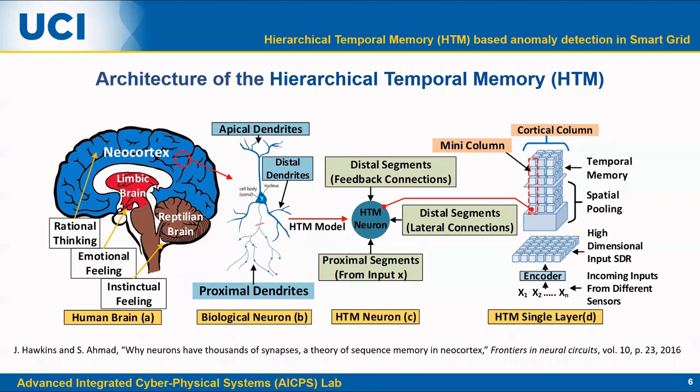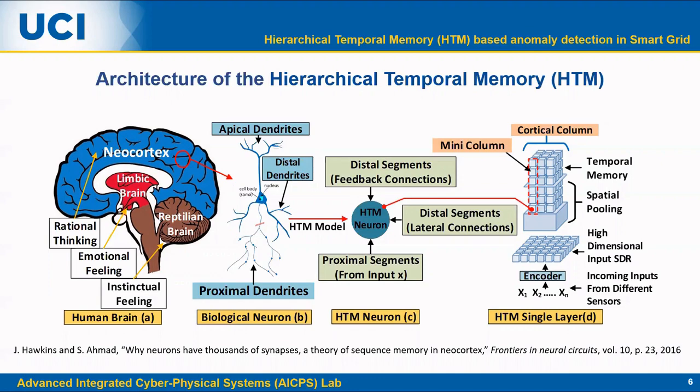The activities and functionalities of these biological neurons are modeled in the HTM algorithm. The model is known as the HTM neuron. The HTM neuron has similar functionality to the biological neuron, and it is the building block of the HTM algorithm.